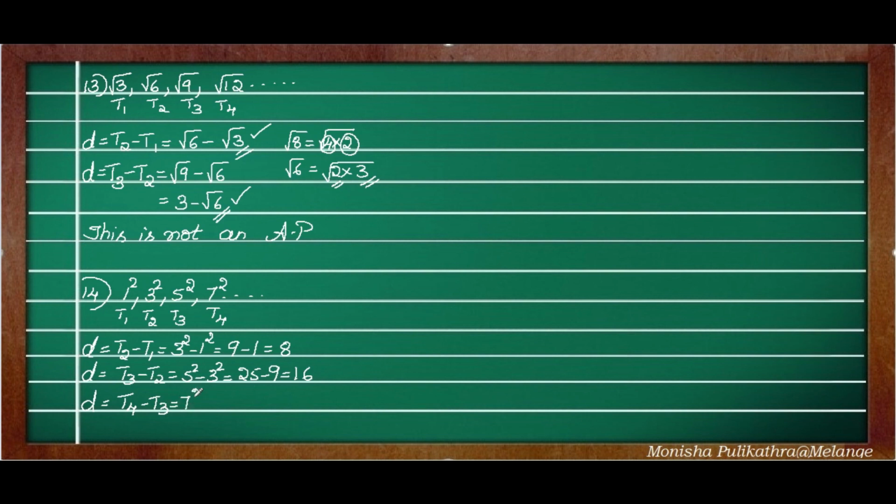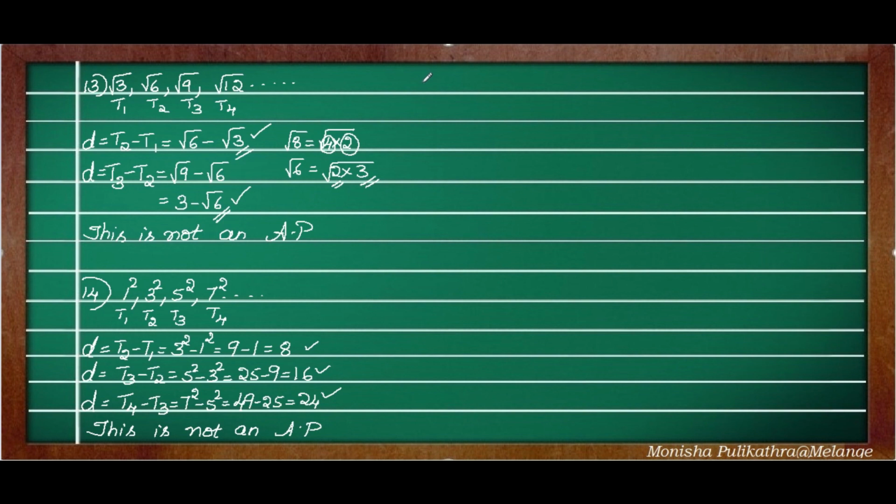T4 is 7 square minus 5 square. 7 square is 49 minus 25, so the common difference will be 24. So clearly the common difference is varying. When the common difference varies, the sequence is not considered as an AP. So this is not an AP.